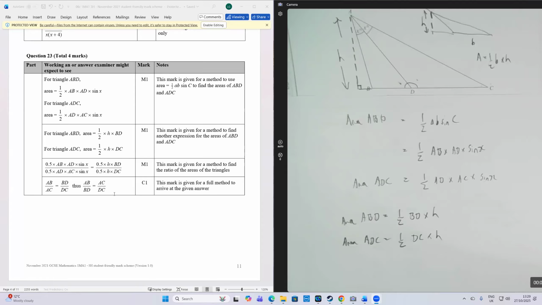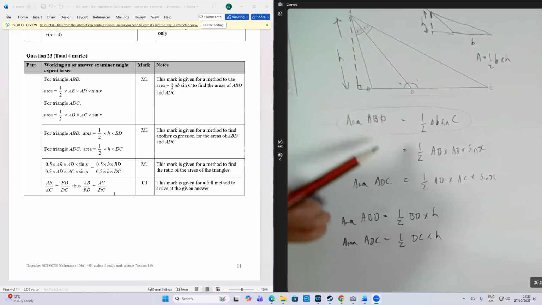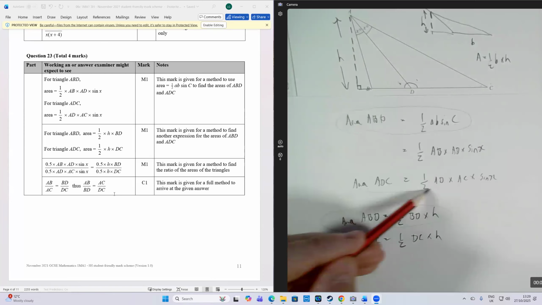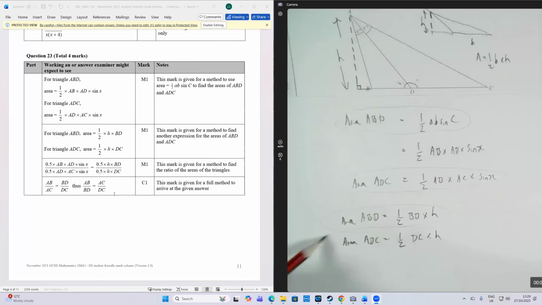Now we've got four expressions that are equal to each other. We know that this one is equal to this one, and we know that this one is equal to this one.